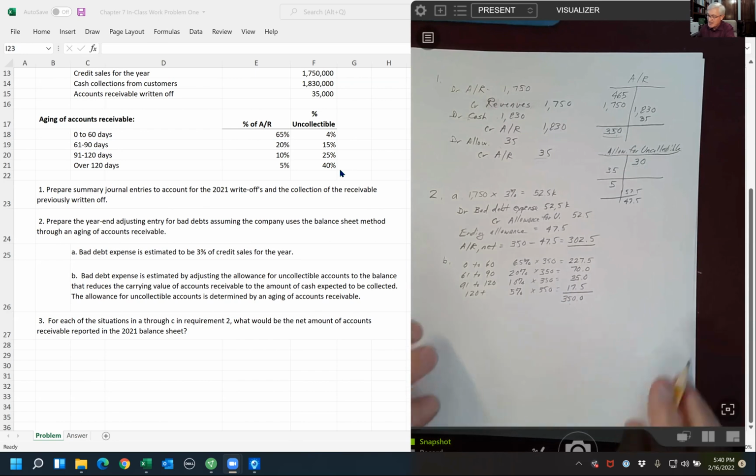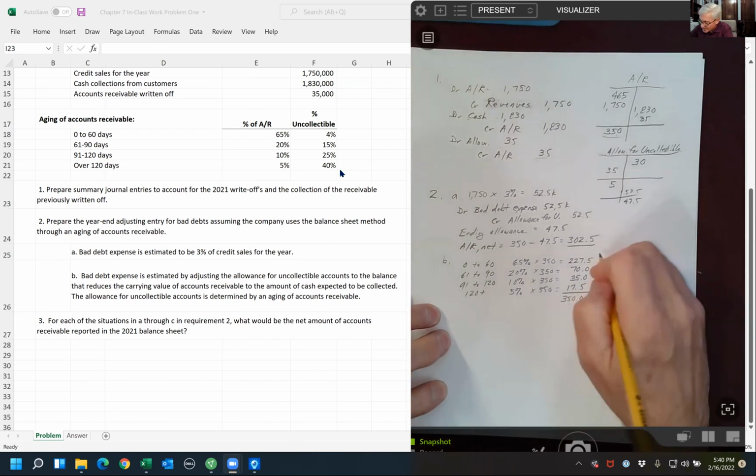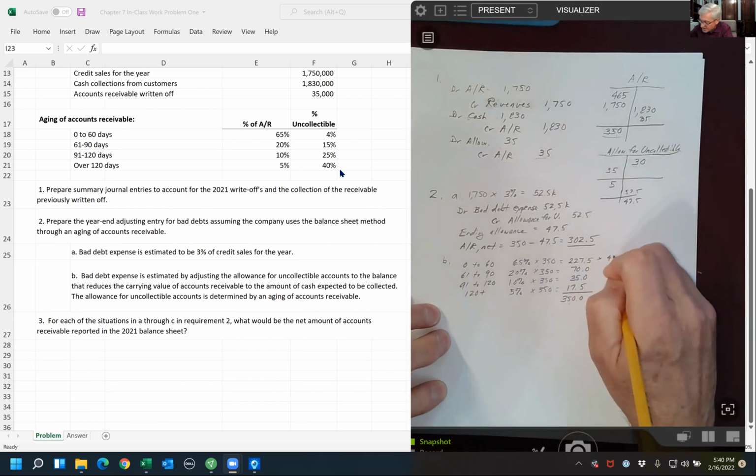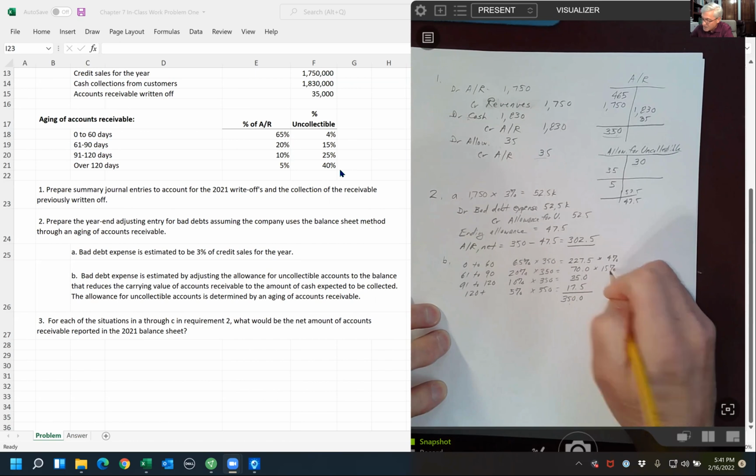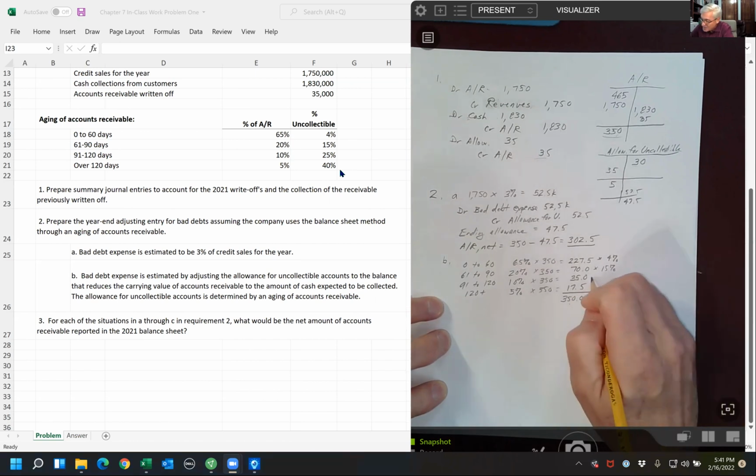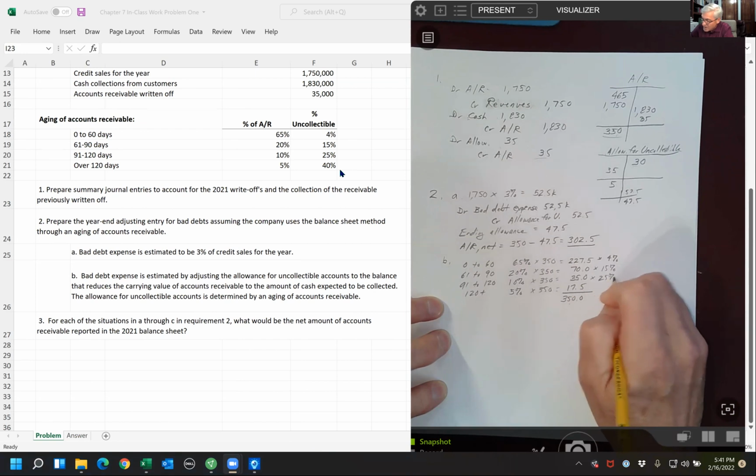That's pretty interesting. And so let's just do these numbers here. So this is very small because these are more current accounts. Only 4% of that is deemed uncollectible based on history. This is getting a little bit slower, 15%, 25%, and 40%.